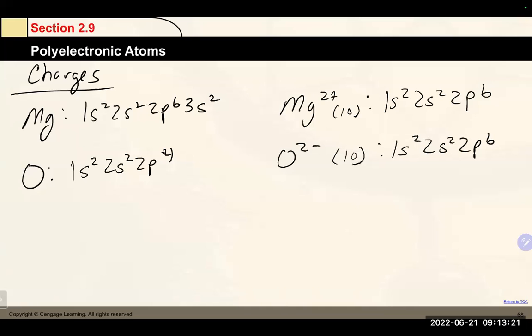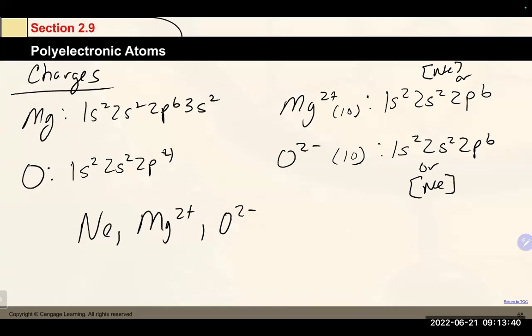Who on the periodic table is 10? It is neon that is 10. So this is the same electron configuration as neon. Neon, magnesium with a +2 charge, and oxygen with a -2 charge all have the same electron configuration.